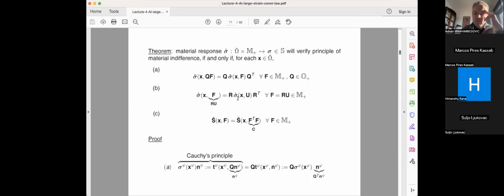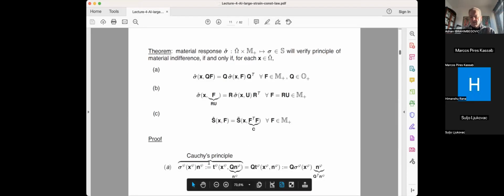I will have the axiom of material indifference verified if my constitutive model is built not in terms of F, but in terms of C, so rotation is eliminated by using the right Cauchy-Green strain tensor, which is F transpose times F. So by this orthogonality of R, this simply kicks out.